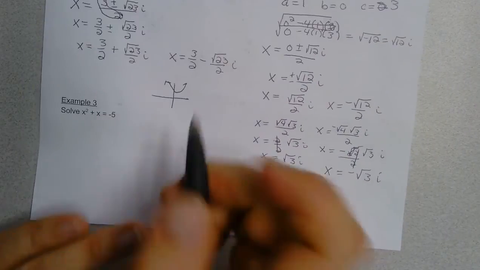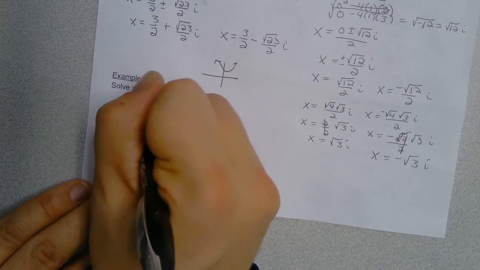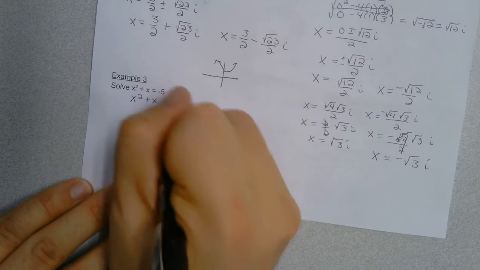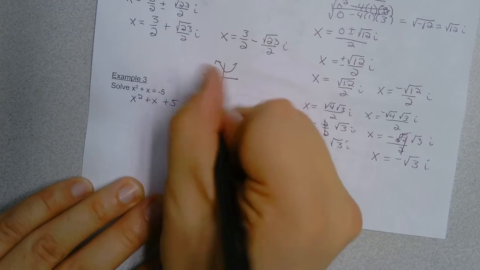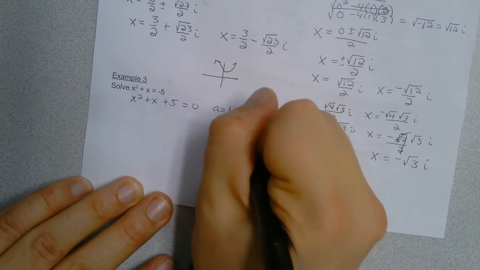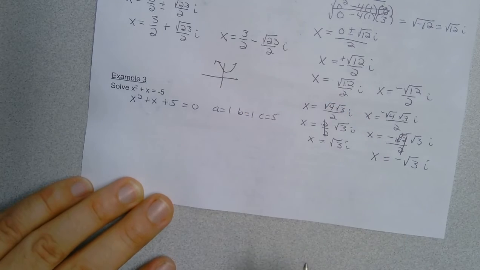In looking at our last problem, we need to add 5 to both sides. So we get x squared plus x plus 5 equals 0. So we know that a equals 1, b equals 1, and c equals 5.